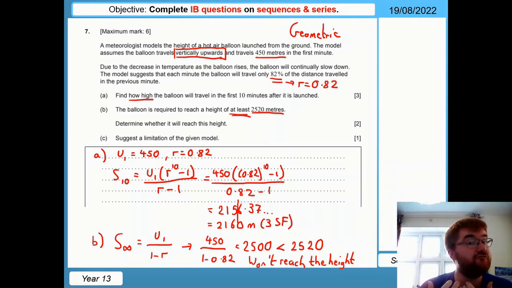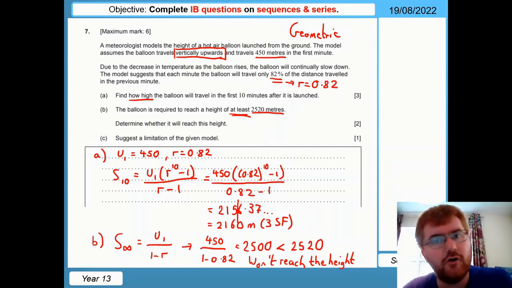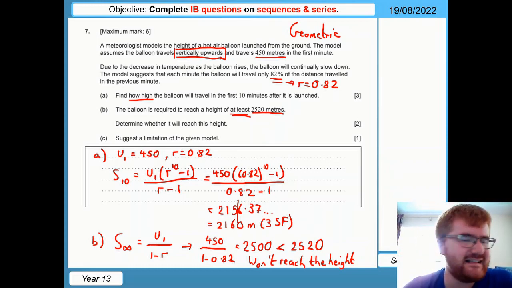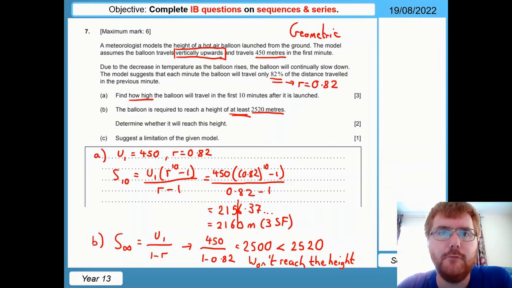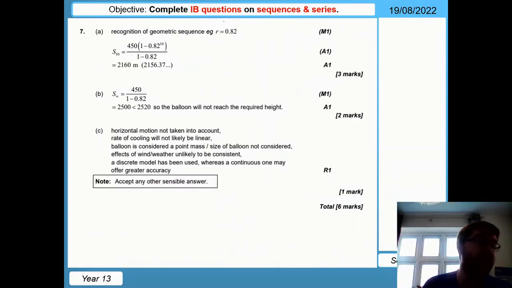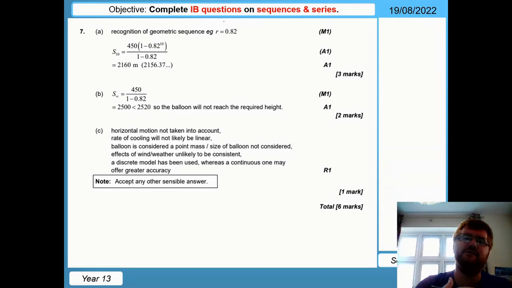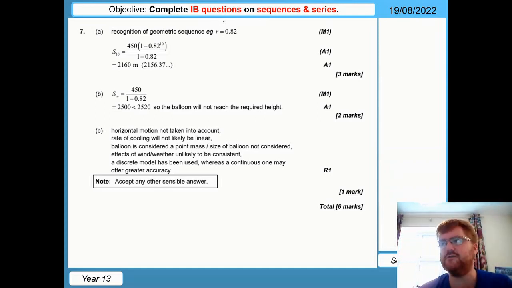So what I'd write down here is the effect of the wind going horizontally is not consistent, and therefore is a slight limitation of this model. Okay, you can see there's lots of other reasons why the model is not completely accurate. You really do need to think of this on the AI course and make sure you're thinking about the maths that you're doing. Okay, what application does that have to real life? What are the strengths, what are the weaknesses of the models that we use?